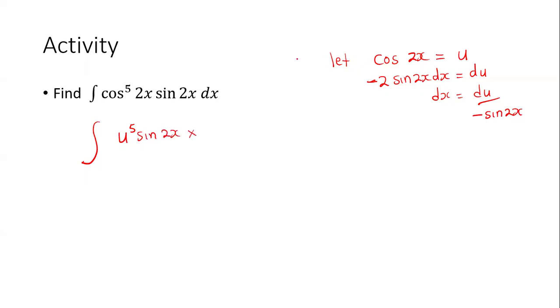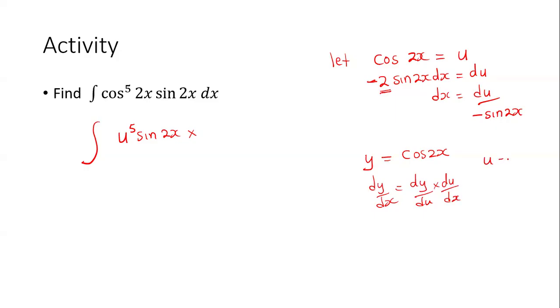Okay, Arthur, yes. You ask whether it is negative 2 sine 2x dx, or whether that 2 is not supposed to be there. That 2 is there. Reason being, when you are differentiating cos 2x, let me show you. When you say y is equal to cos 2x and you want to differentiate it, we use the chain rule. So we say that dy dx equals dy du times du dx.